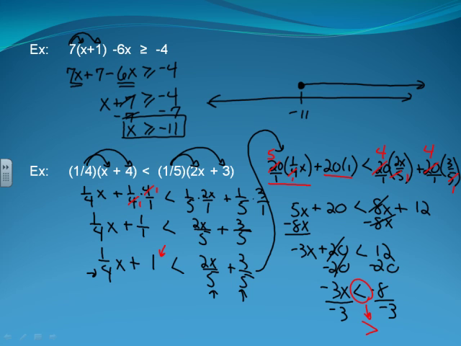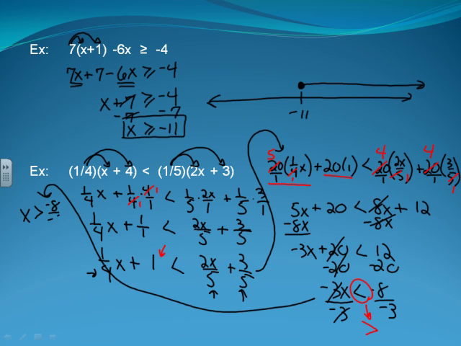So that less than symbol now becomes a greater than symbol. So we've got, if we bring this up over here to the left, negative 3 divided by negative 3 cancels. 1 times x is just x. So we've got x now is greater than negative 8 divided by negative 3.